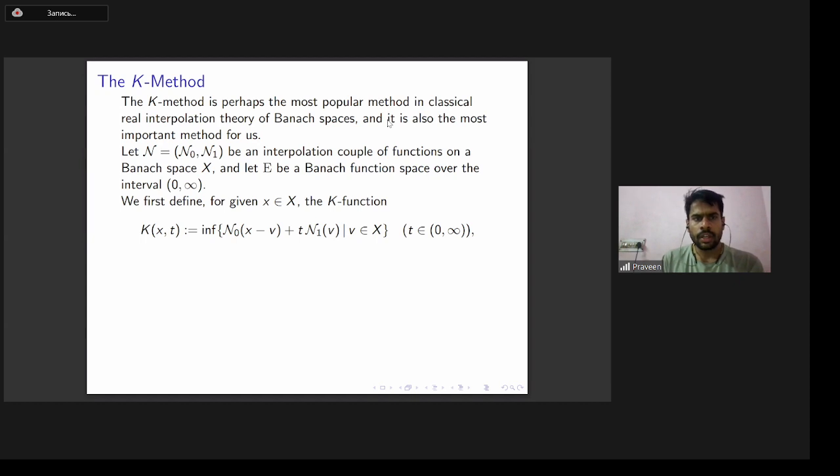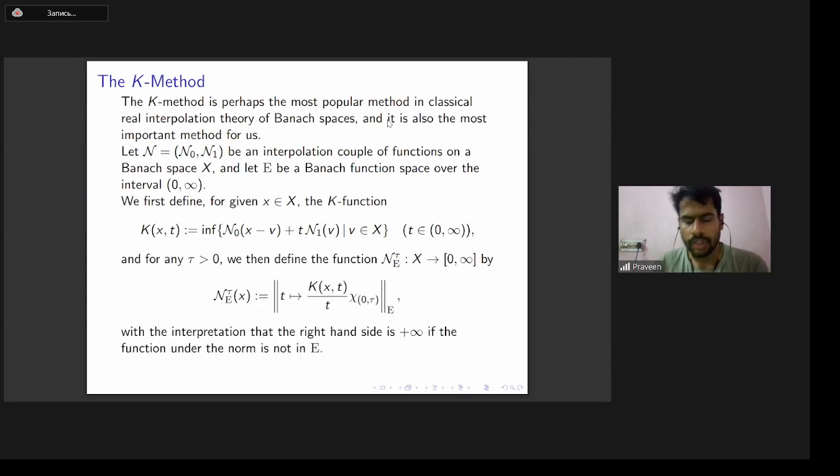So corresponding to this interpolation couple of functions and using this K function, we define an interpolation function for any tau positive. We define an interpolation function denoted by this symbol.